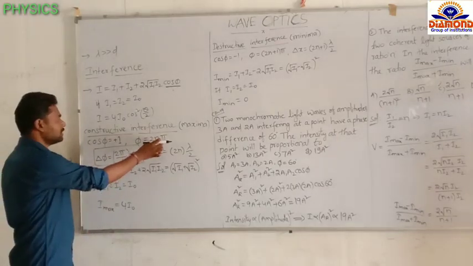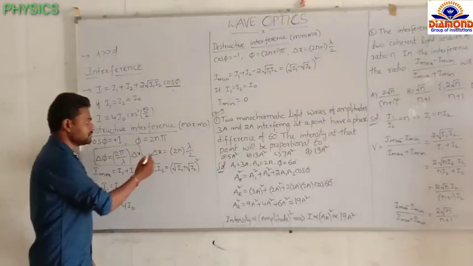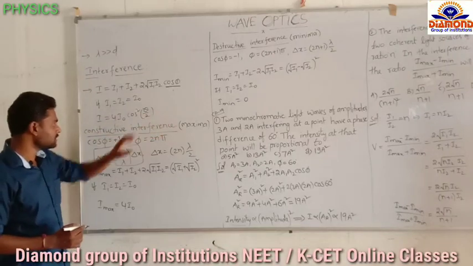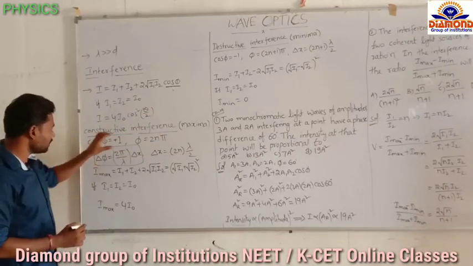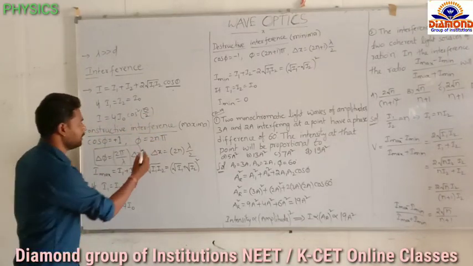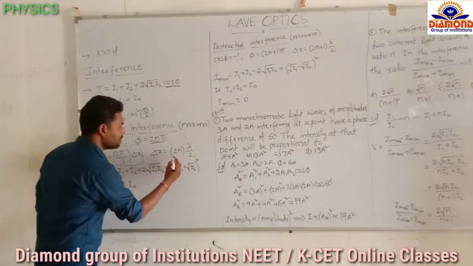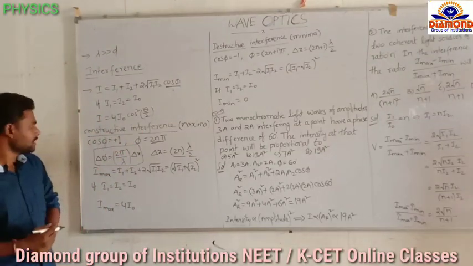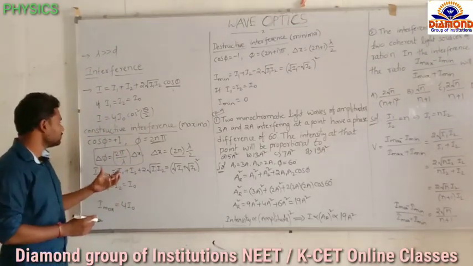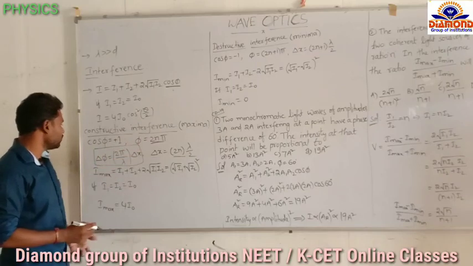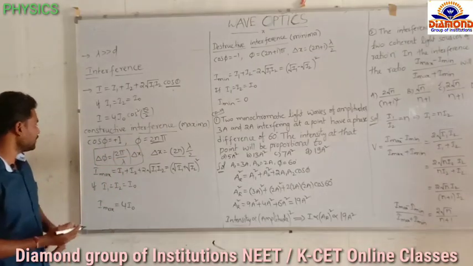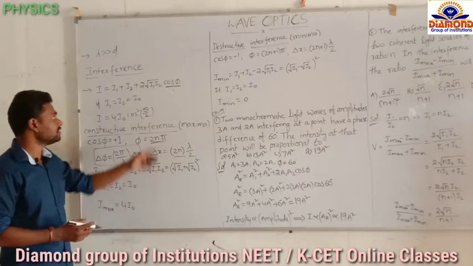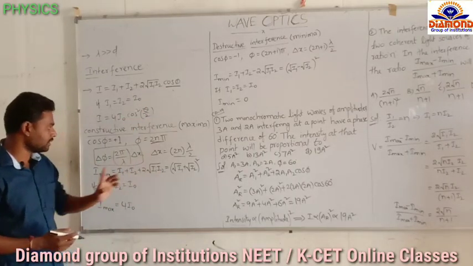Now substitute the phase difference value and we get the path difference delta x equals 2n into lambda by 2. That means in constructive interference, the phase difference is an even multiple of pi and the path difference is an even multiple of lambda by 2. What is the maximum intensity of the resultant wave in constructive interference? The maximum intensity equals I1 plus I2 plus 2 root I1 I2, because the cos phi term becomes 1.